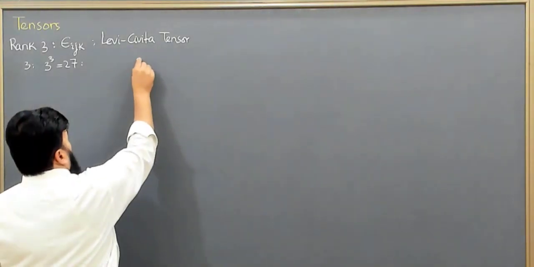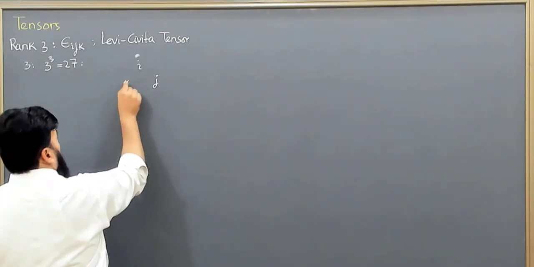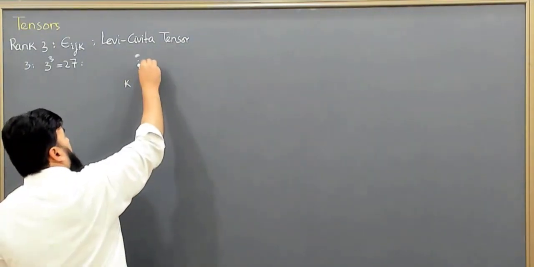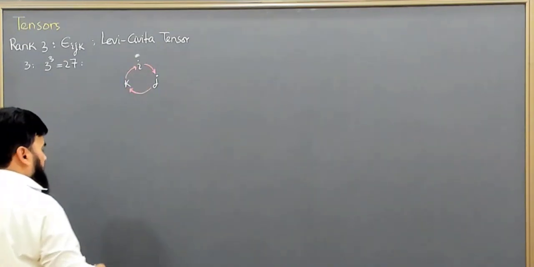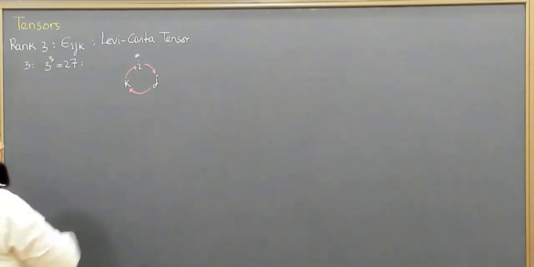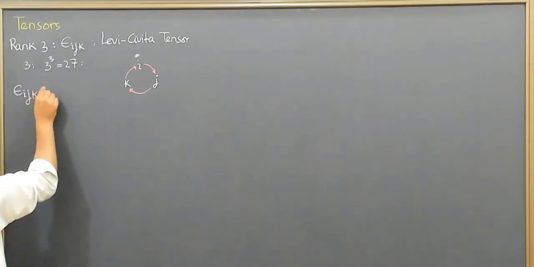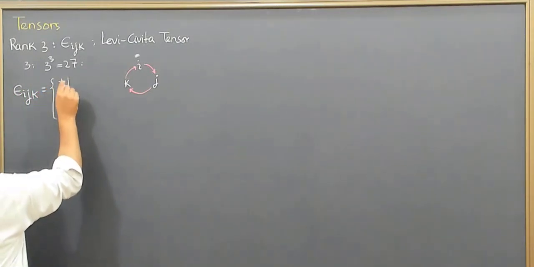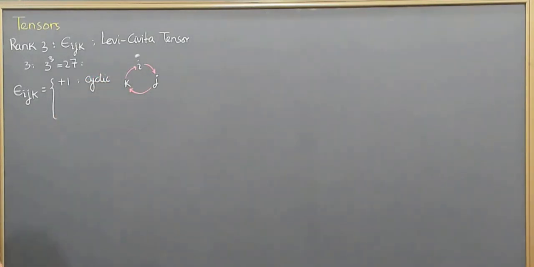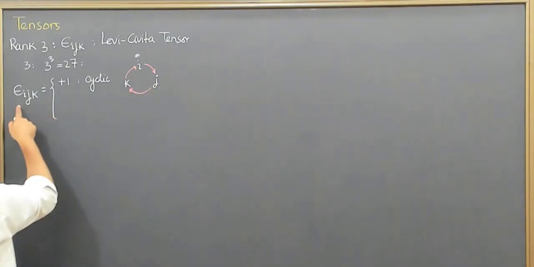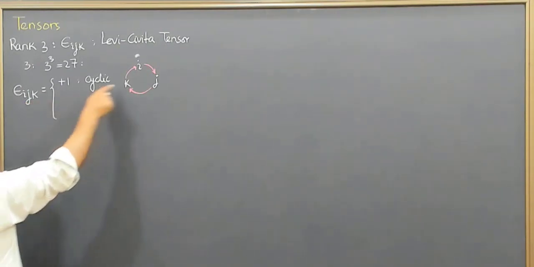Now if I write just the indices i, j, k, then epsilon ijk is equal to +1 if we have a cyclic or clockwise permutation, like 1, 2, 3, 2, 3, 1, and similarly 3, 1, 2.